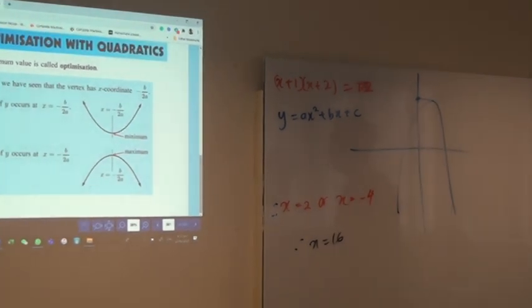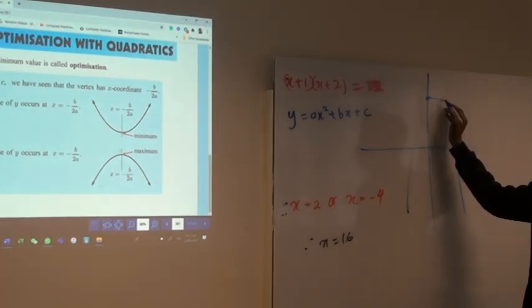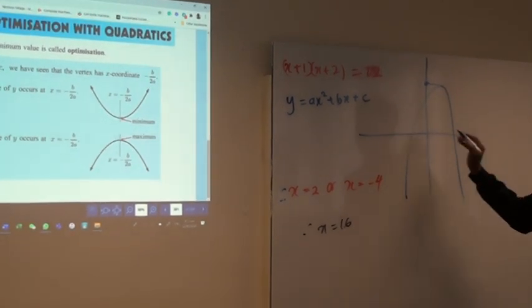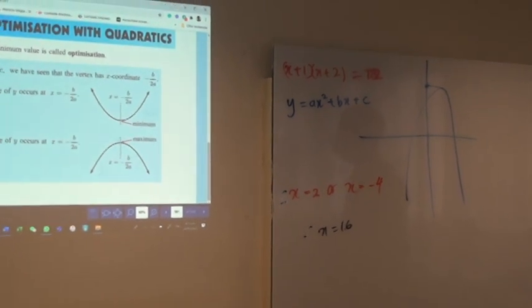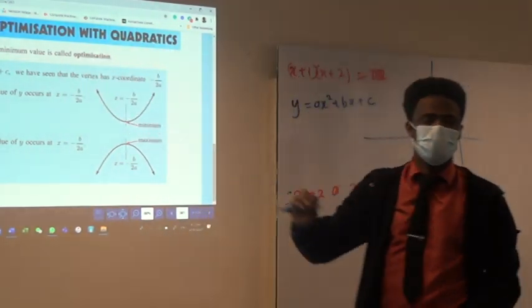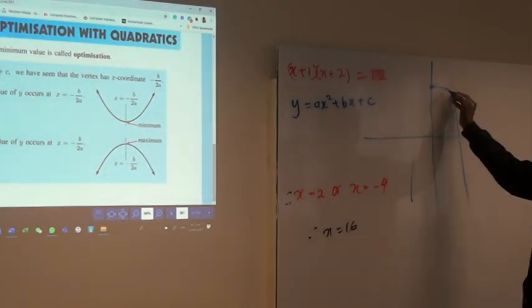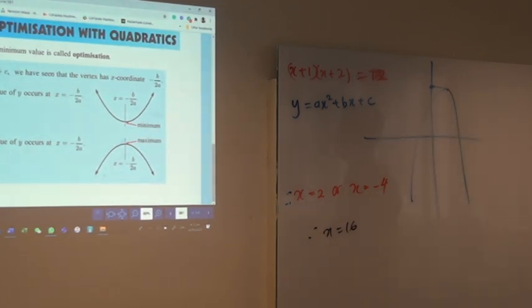Do you agree? Yes. And the maximum value of y occurs at a particular value of x. So getting this maximum or minimum value is what we call optimization. Am I making sense now? Yeah.